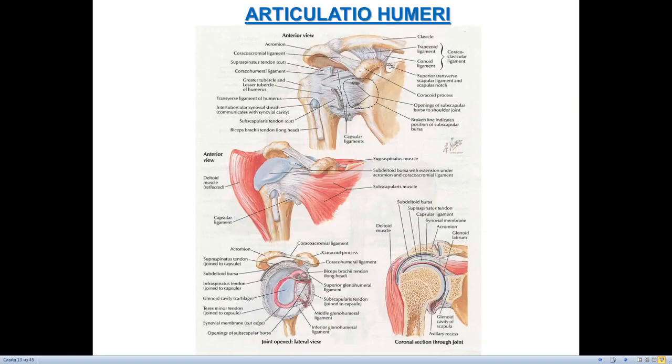Articulatio humeri, or simply shoulder joint. It is formed by the head of humerus, caput humeri, and the joint cavity, joint surface, cavitas glenoidalis of the scapula.